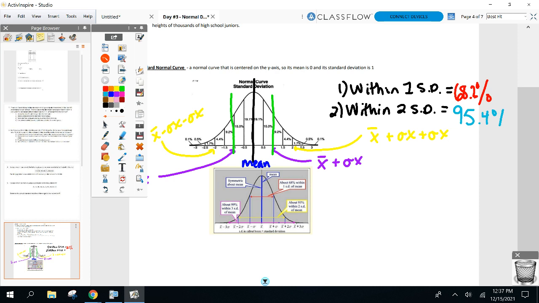Yep. How are we getting these numbers? Maddie, we're just adding up the percents from negative 2 to 2. Remember, within means to the left and to the right, positive and negative, not just 2 above the mean. All right, within 2.